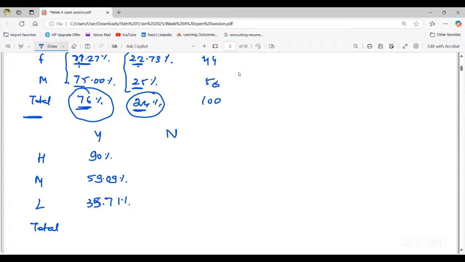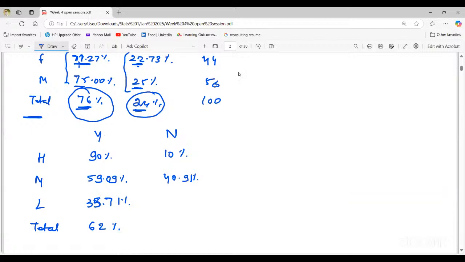Yes, ma'am, it's about the last table. Yeah, tell me, what's the doubt? Yes, ma'am, I was saying this, the row of female here: 77, 22, and 44. Correct. And after that, there is a row of male: 75, 25, and 50. Correct.